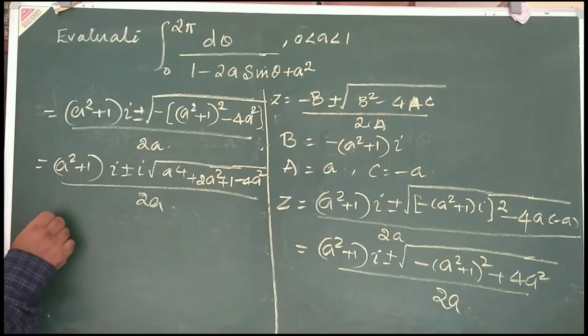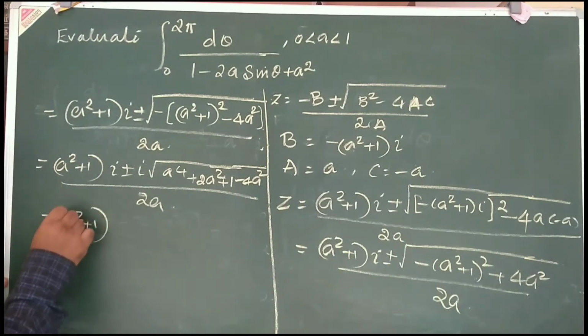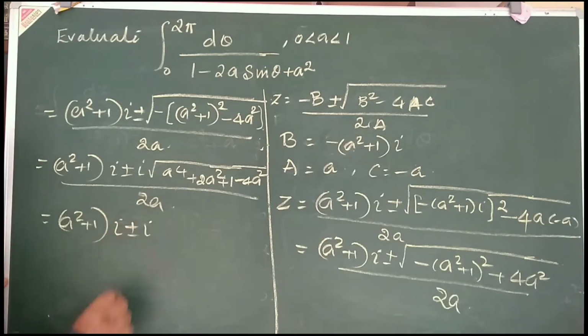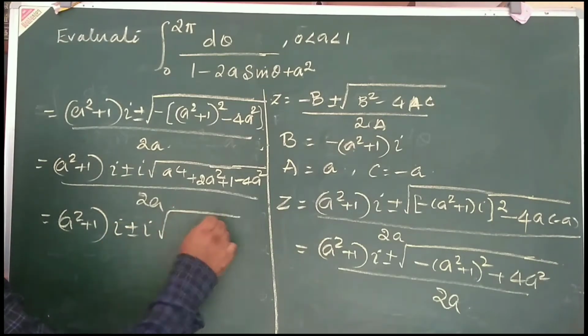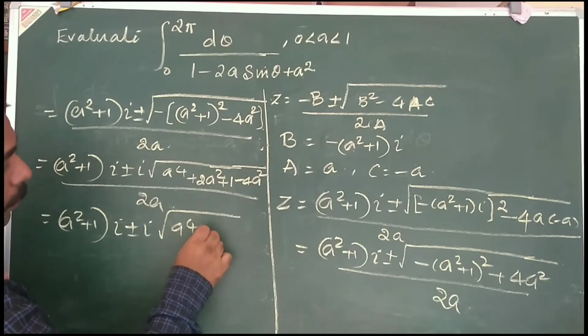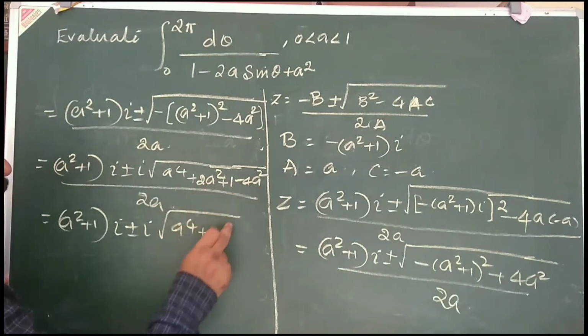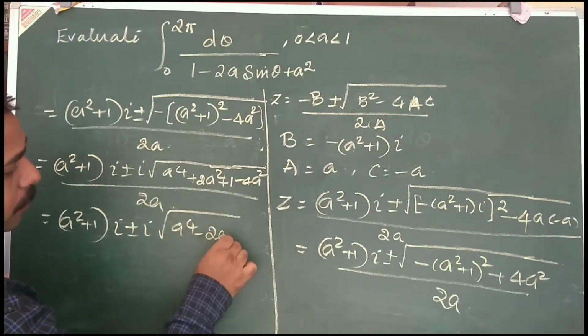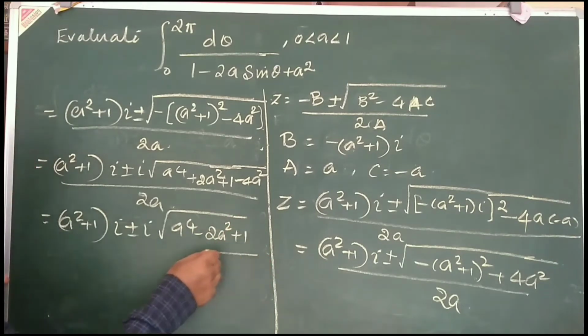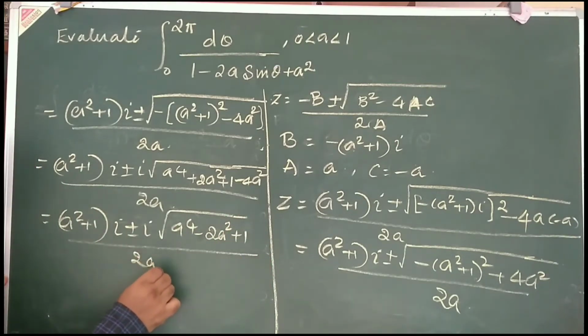So this is equal to a square plus 1 into I plus or minus I into root of a raised to 4 plus 2a square minus 4a square, that is equal to minus 2a square plus 1, whole divided by 2a.